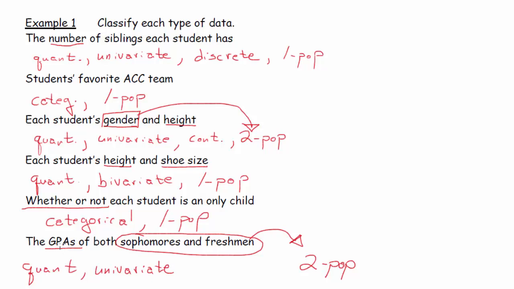So this is univariate. GPA is continuous because there are an infinite number of GPAs one could have. And we have already decided that we have two groups or two populations. So we're going to use these classifications later to help us determine which graph is appropriate.